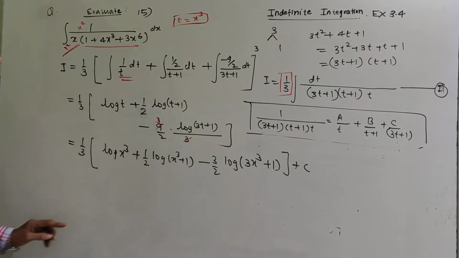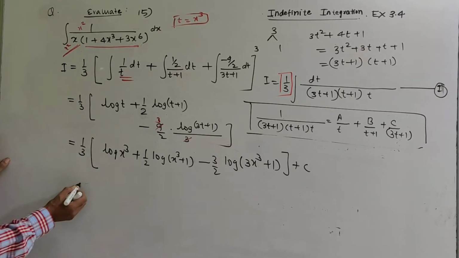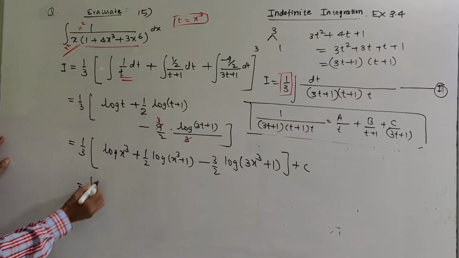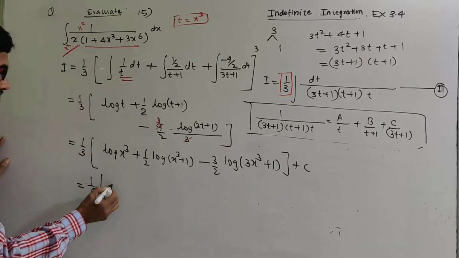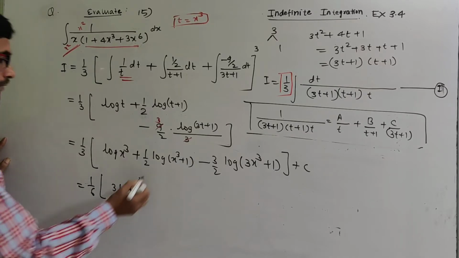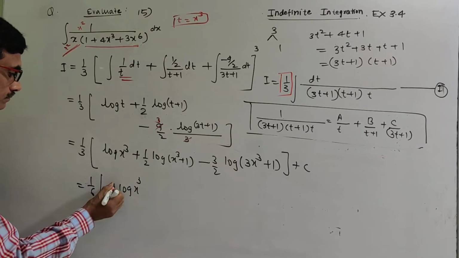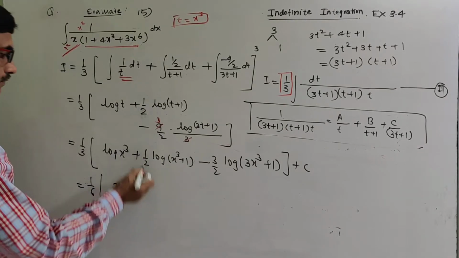This 3 we can multiply over here, or 1 by 2 you will take common, so that it is 1 by 6, 3 log of x cube. We are taking 1 by 2 common, so it is 2 log of x cube.